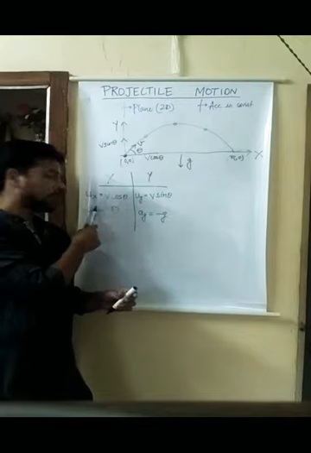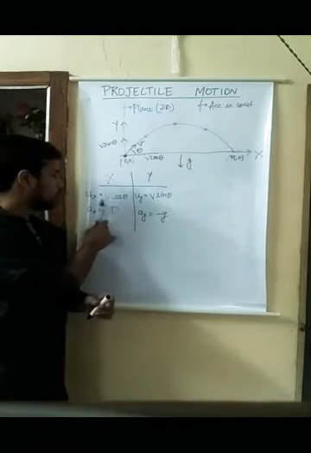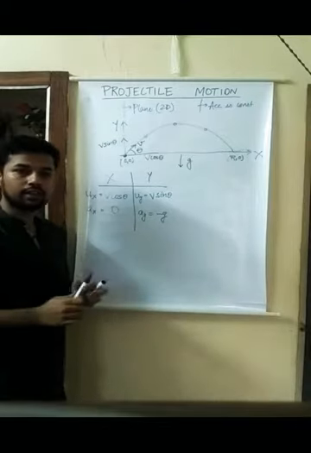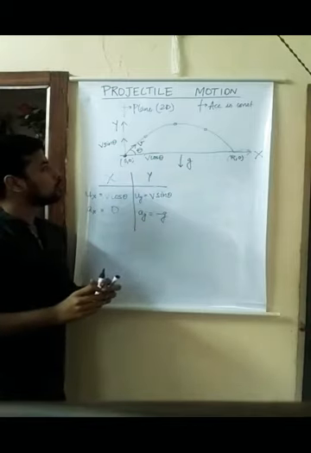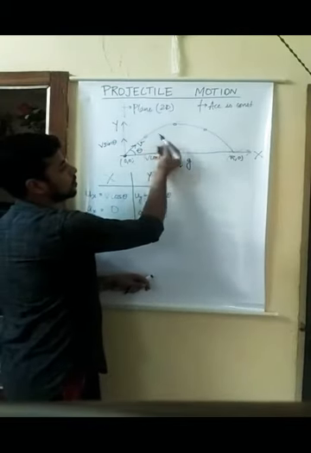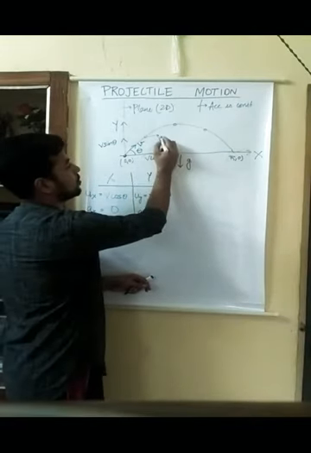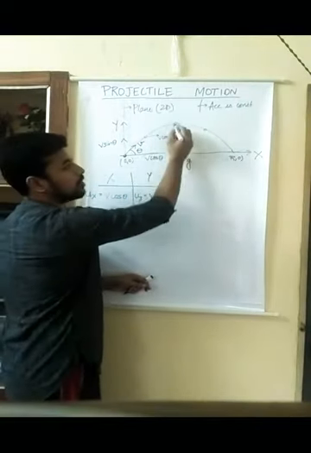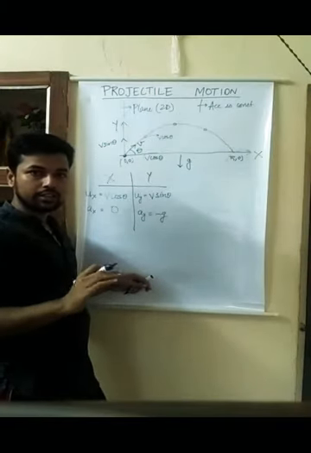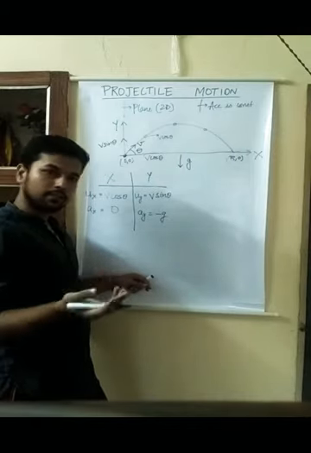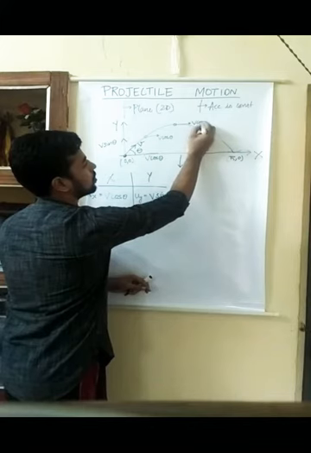We see from here that because of zero acceleration, the x velocity will not change anywhere during the motion. When the particle is here, the x velocity is still v cos theta. When the particle is at the topmost position, since there is no acceleration in the x direction, the x velocity still remains v cos theta.